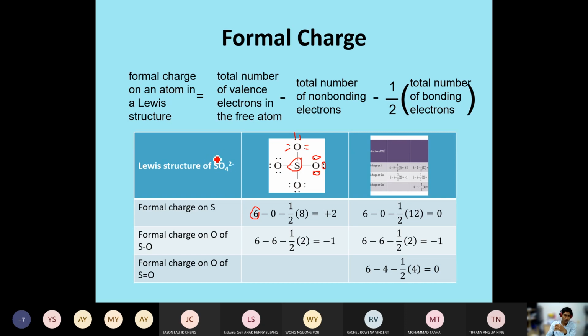So there is no non-bonding electron on sulfur, so there is 0 here. And how many bonds is sulfur making? 1, 2, 3, 4. 4 bonds it is making. Each bond consists of 2 electrons. So 4 bonds is 8 electrons, divided by 2. So by this way we see that sulfur has a positive 2 charge. Right? Sulfur has a positive 2 charge.